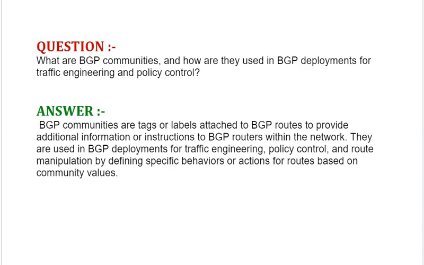Our next interview question is, what are BGP communities and how are they used in BGP deployments for traffic engineering and policy control? Your answer should be, BGP communities are tags or labels attached to BGP routes to provide additional information or instructions to BGP routers within the network.